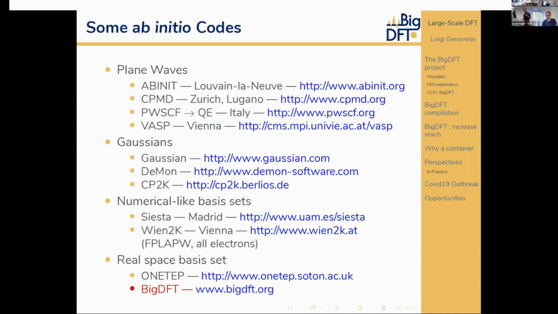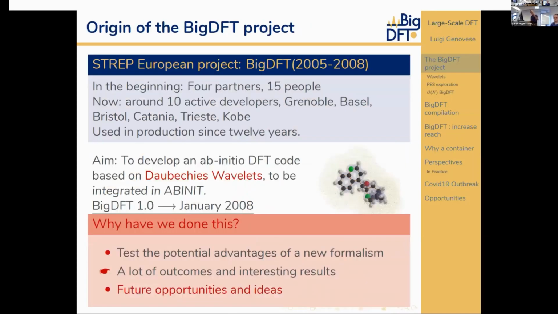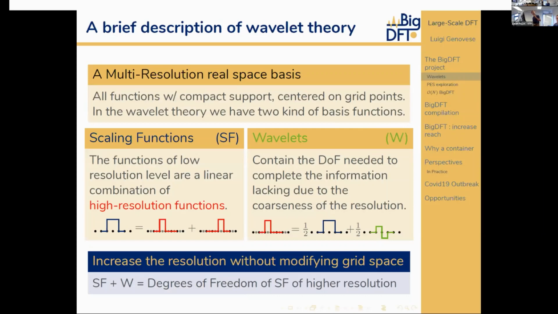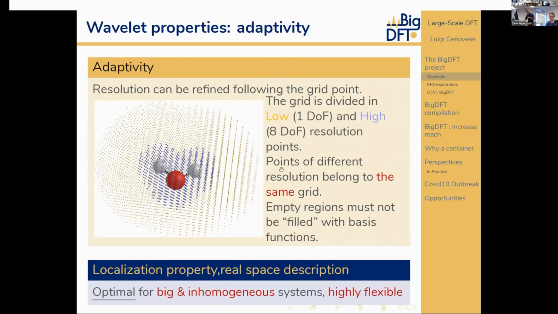The idea of using wavelets is related to the fact that they can refine the description only where it is needed. If you have a molecular system here, you may want a high resolution description of your system to express your wave functions, so the positions of the electrons.